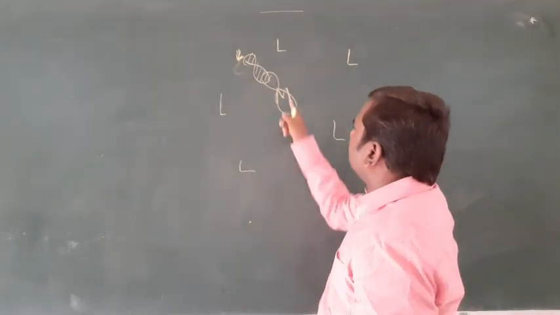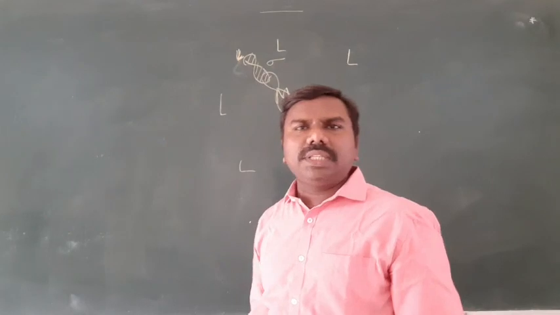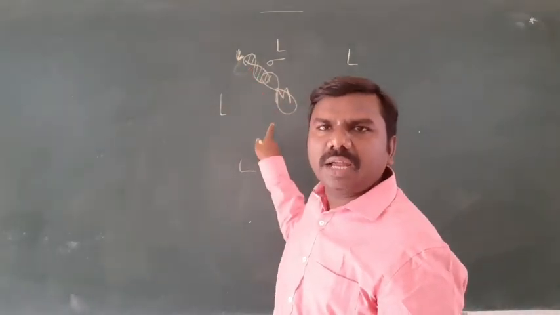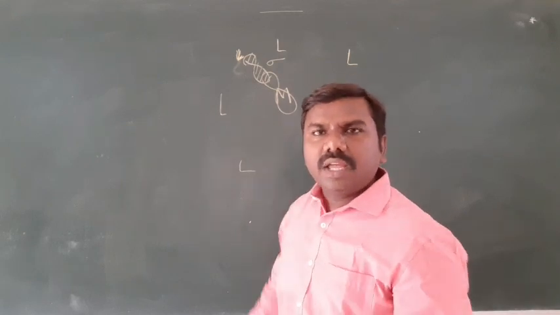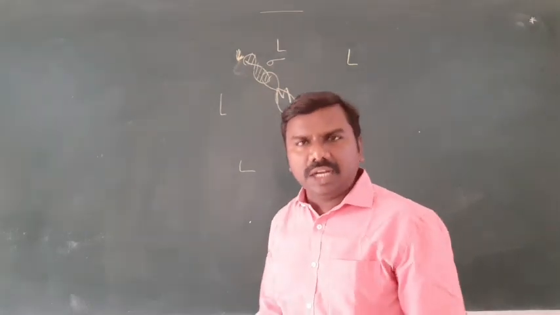Next, this bond is a sigma bond. Sigma bond is formed by filled orbitals of the ligand and empty orbitals of the metal atom. A pi bond is also formed as per this theory.